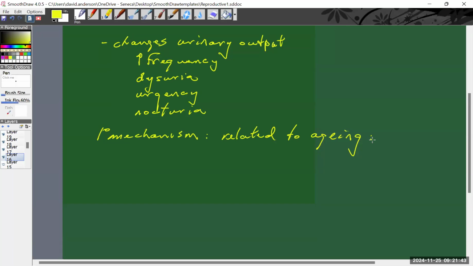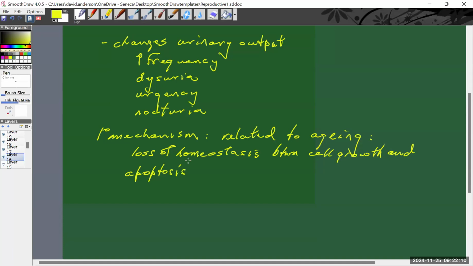So basically, there's a loss of homeostasis between cell growth and apoptosis.